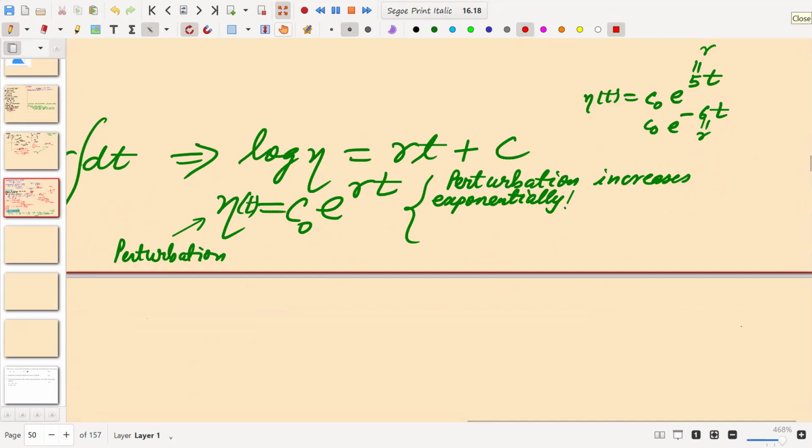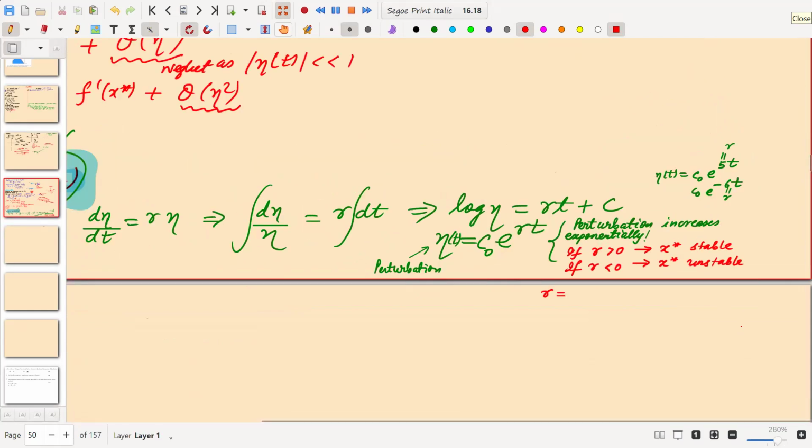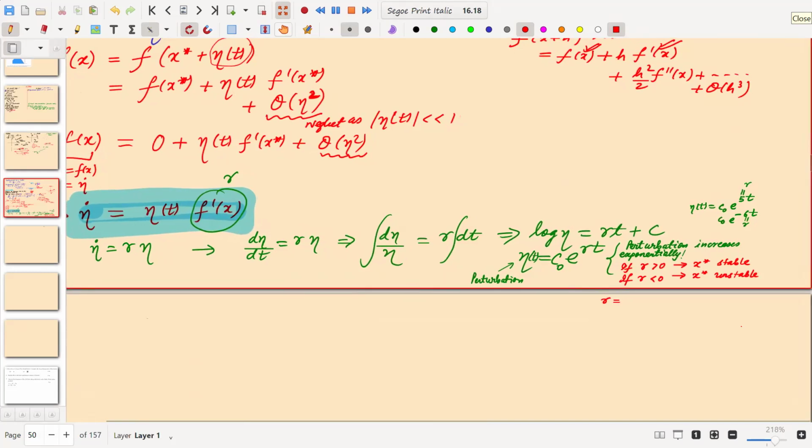So it tells us that if your R is greater than 0, then your X star is stable, right? If R is less than 0, it means your X star is unstable, right? Now what is R? Yes, good idea.